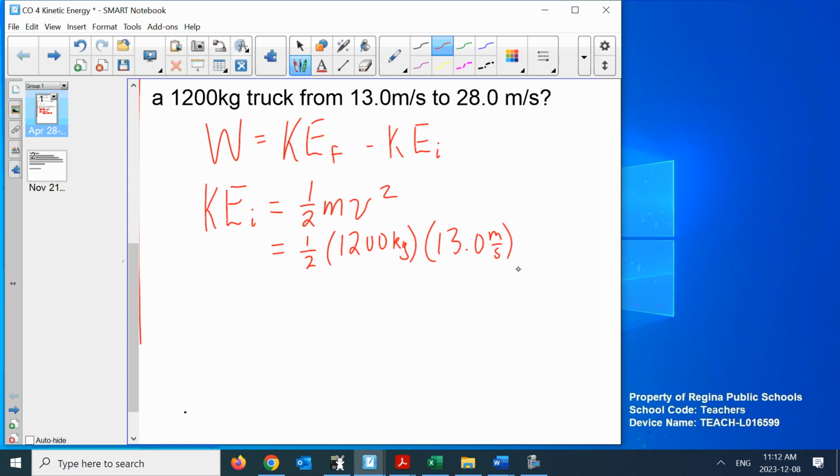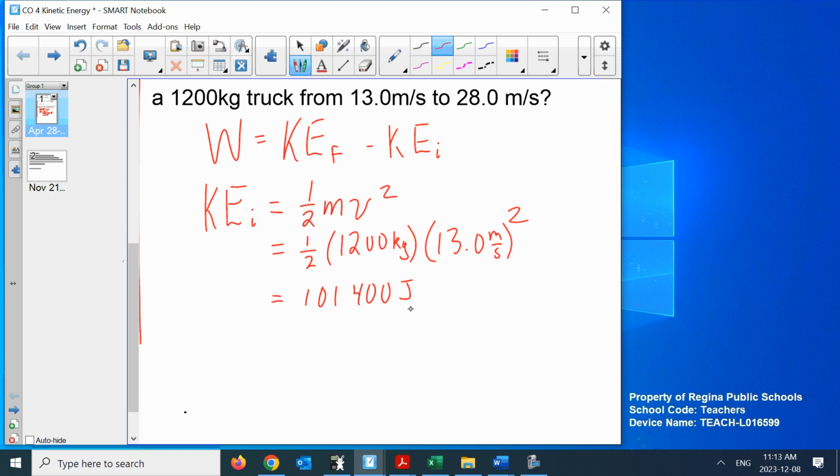That's a square. It has to be squared. You do that, you get 101,400. Make sure you square this. I'm going to assume you know how to use your calculators and how you put in 1/2 as decimal points. Square it.